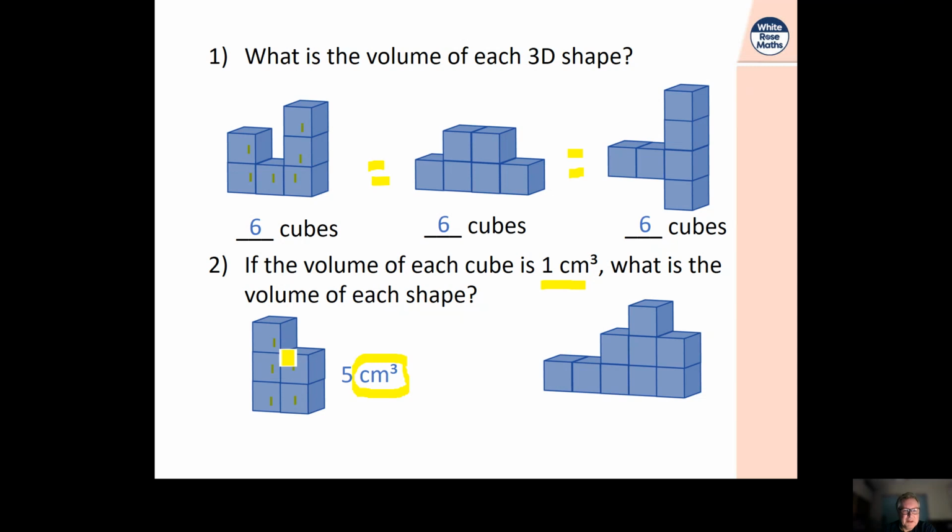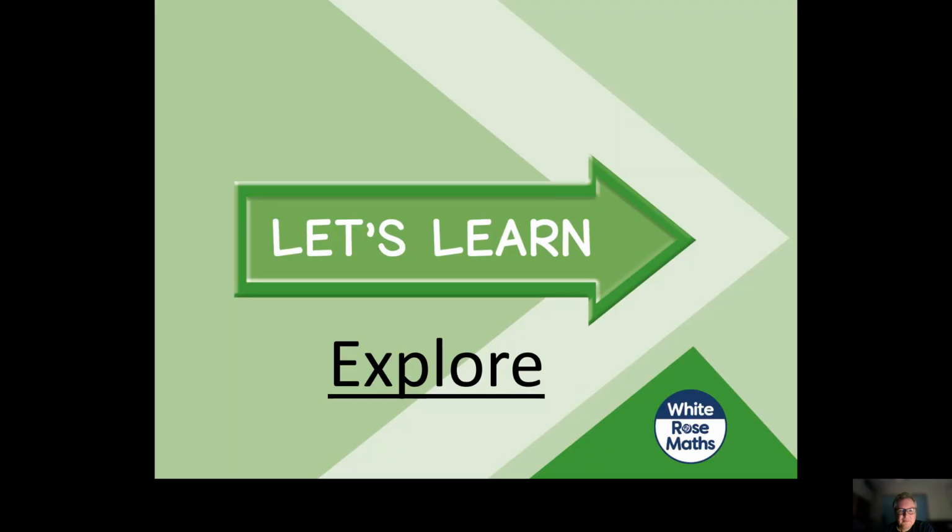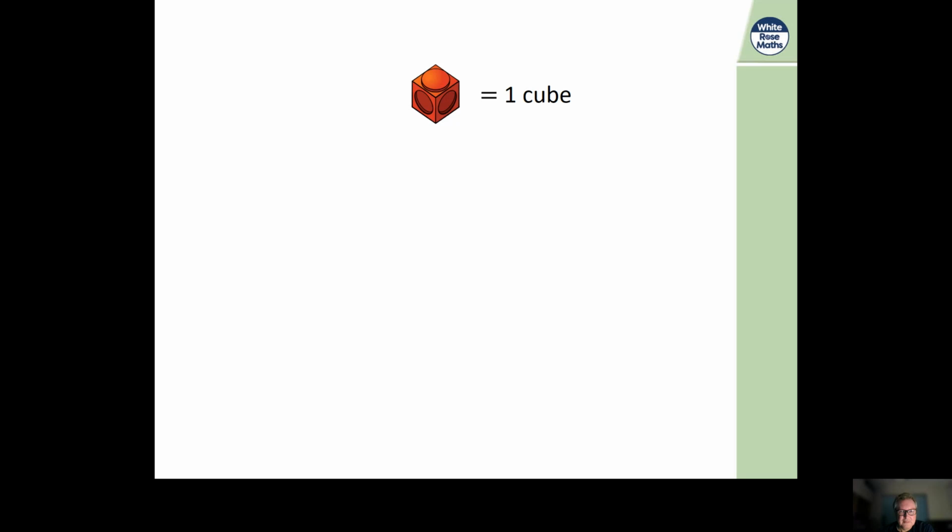So if you didn't manage that one, pause the video, have a go at this one. Let's check. 1, 2, 3, 4, 5, 6, 7, 8, 9 centimetres cubed. 1 cube. 3 cubes.